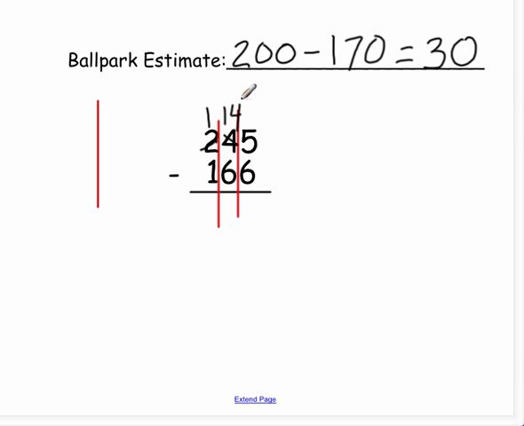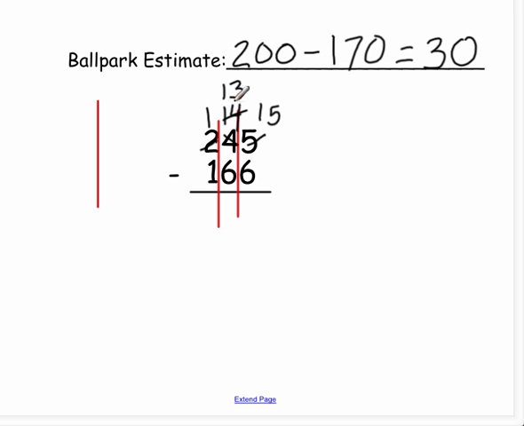Now I can make a trade from my 14 to get this 5 over here bigger. So I'm going to take 1 away from 14. It now becomes 13. That 10 I took away breaks into 10 little ones over here, and I'm going to give them to the 5 that are already there. So 5 plus the 10 means this becomes 15.